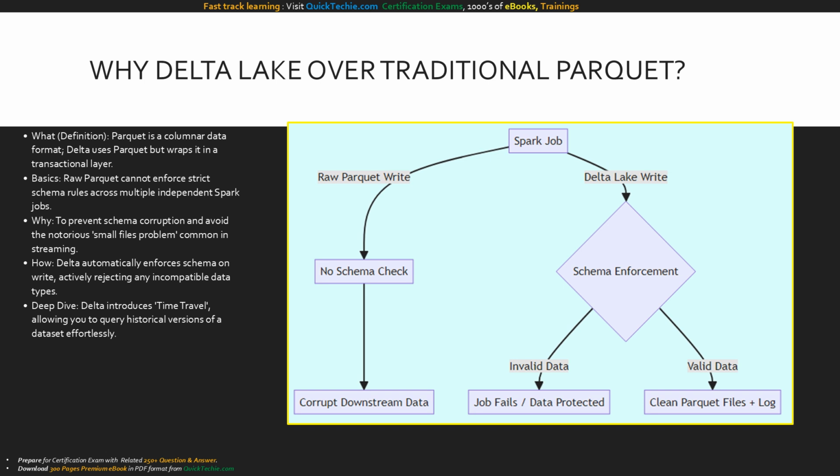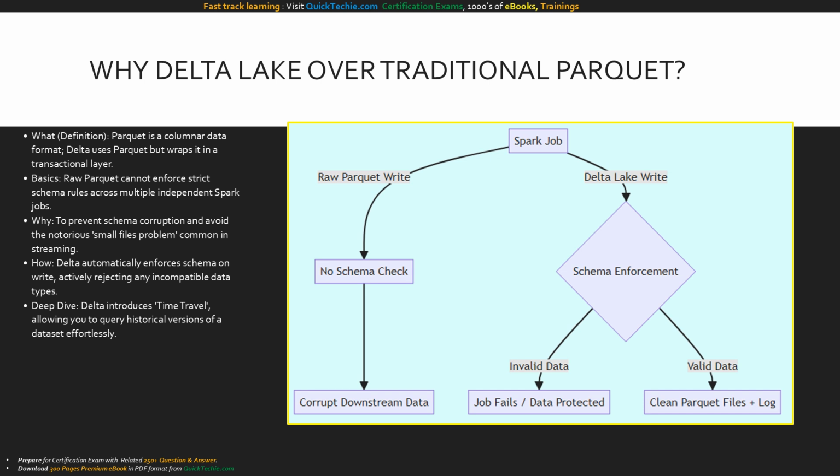This comparison diagram sharply illustrates the stark differences between legacy data lakes and Delta Lake. On the left side, a Spark job writes directly to raw Parquet. Because there is no schema check, invalid data flows freely, leading straight to corrupt downstream data and broken dashboards. Now look at the right side. When Spark uses Delta Lake, the transaction log acts as a strict gatekeeper.